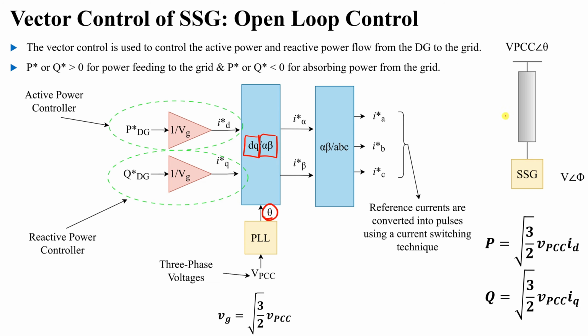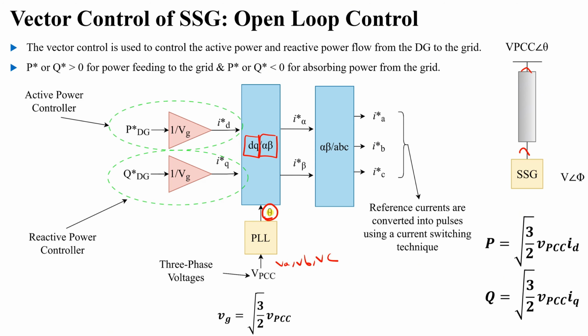So we will have currents that will be injected into our grid. Its angle will be the angle theta, which is the same angle to be synchronized with the grid, right? It must have the same phase shift in order to be synchronized with the grid. So theta here will be obtained from the phase locked loop. By taking the three phase voltages of the grid, we will get the angle theta.